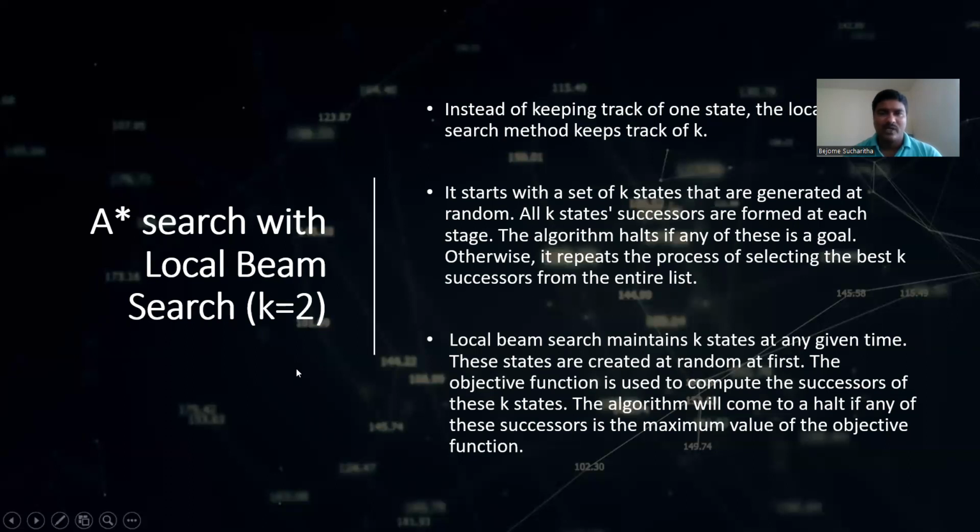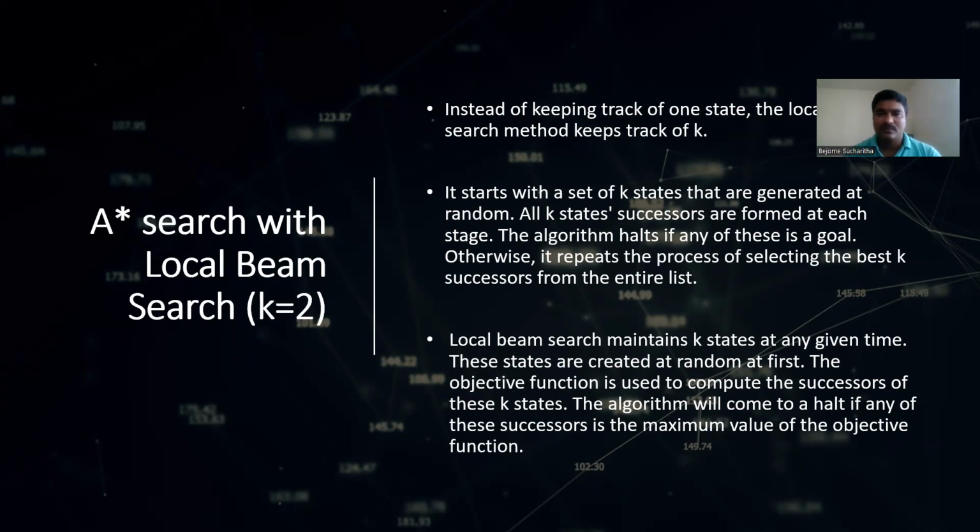Then we are discussing A-star search with the local beam. Instead of keeping track of one state, the local beam search method keeps track of k states. It starts with a set of k states that are generated at random. All k states' successors are formed at each stage.